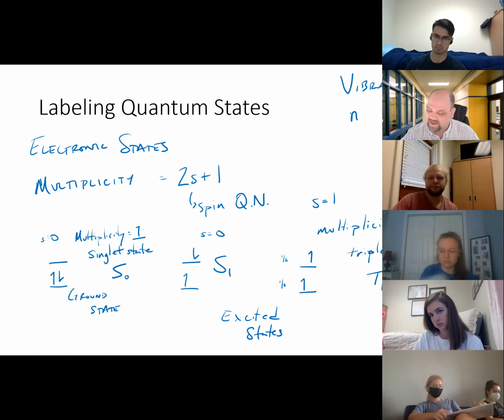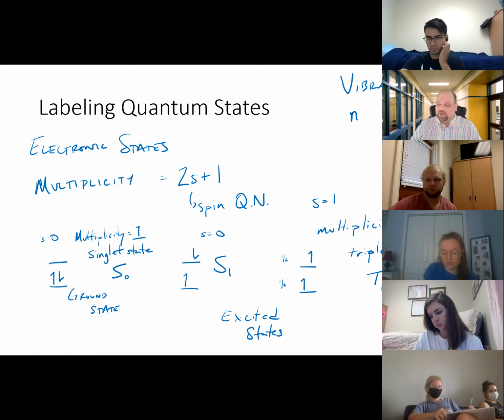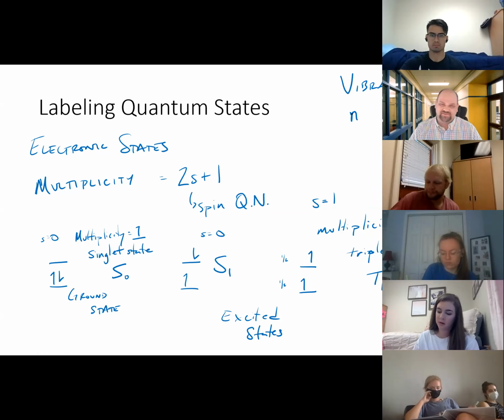I'm used to seeing it as either just a straight V or the Greek nu, right? And of course, n and nu are the same thing, but in any case, if you see any of these in an energy level diagram, they're most likely referring to vibrational states.